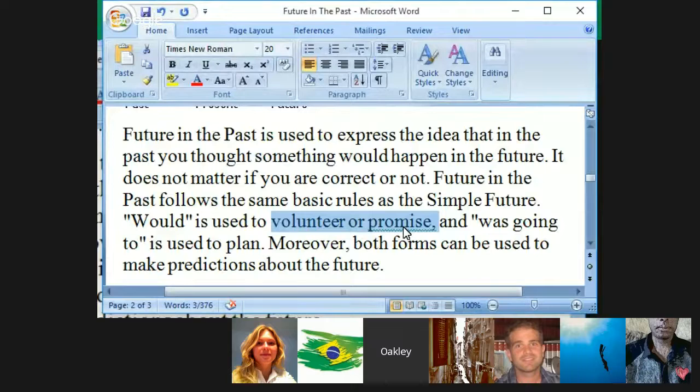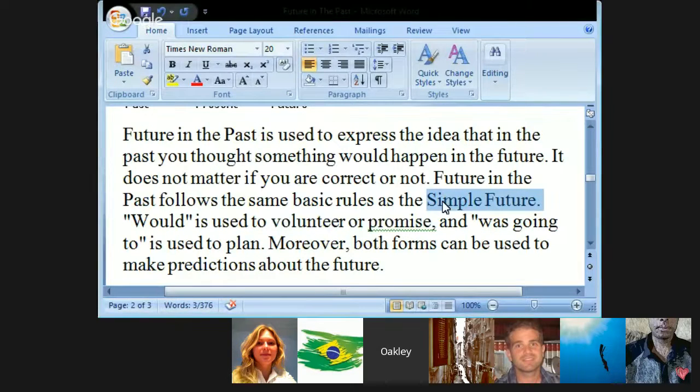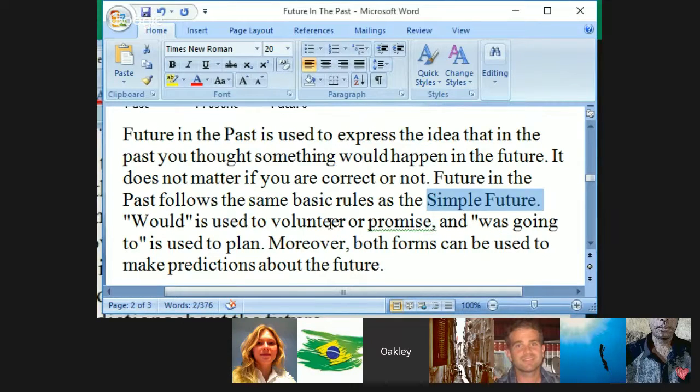Will is used in the simple future when you just think of something right that minute. I think I will buy some candy. I just thought of that. All right. If I'm putting it future in the past, I thought I would buy some candy. Same idea, something I just thought of. Kind of like volunteer, but you're volunteering to do something for yourself.